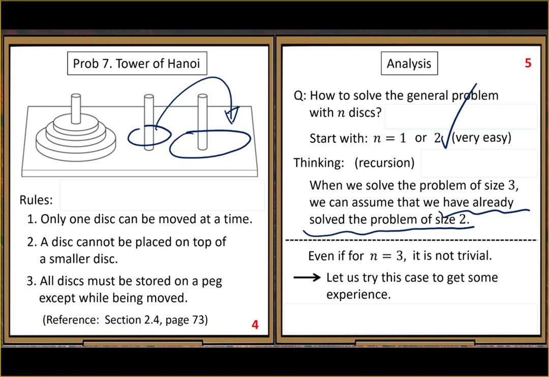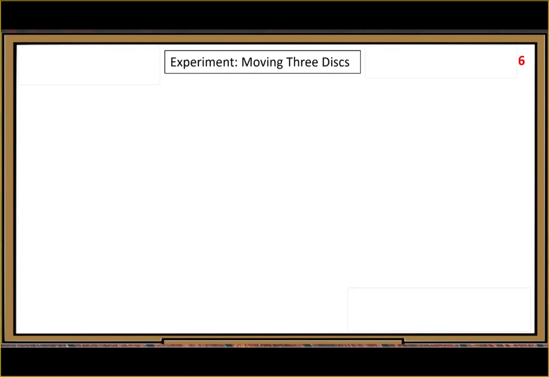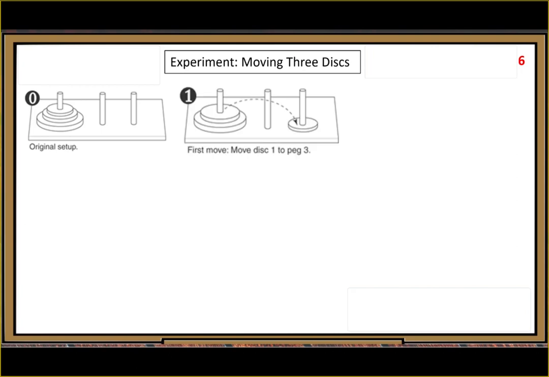Here, this slide. Let's do the detailed work here. At the very beginning, we start our first move. Play around. The smallest disk, we put it on the destination peg.